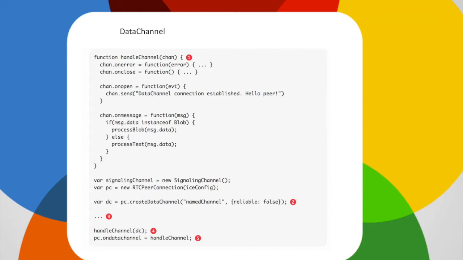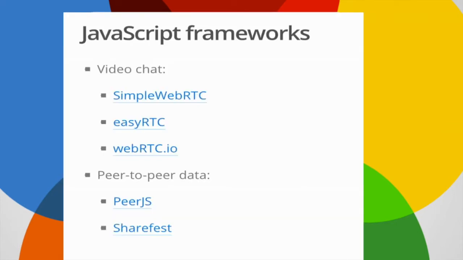The preceding code example highlights some of the most important differences. Unlike the WebSocket, which expects the URL of the WebSocket server, data channel is a factory method on the RTCPeerConnection object.